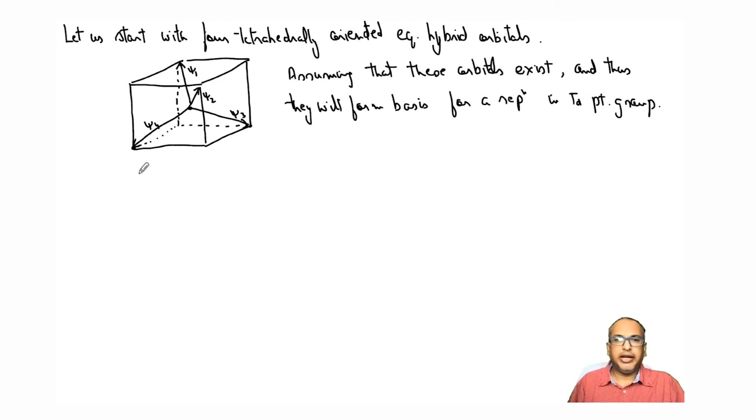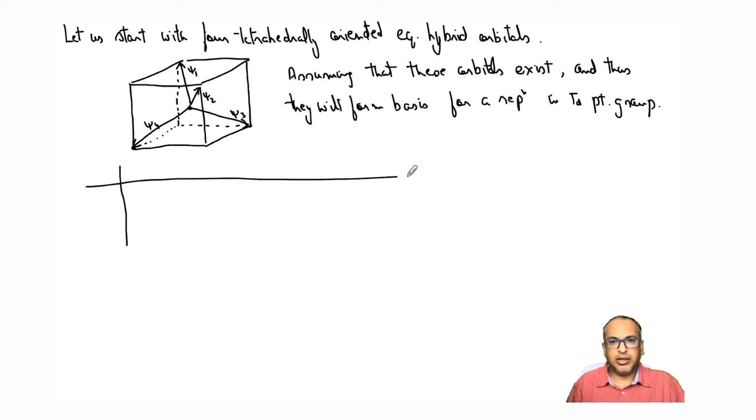So now let us create the representation under the Td point group. So this is my Td point group, and I'm going to write the operations classified into different classes: E, 8C3, 3C2, 6S4 and 6 sigma d, right?